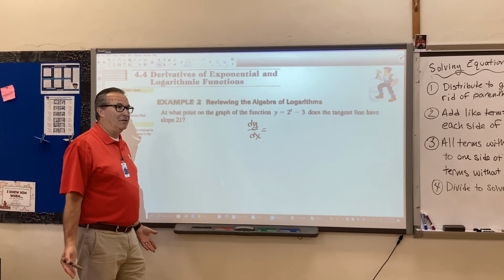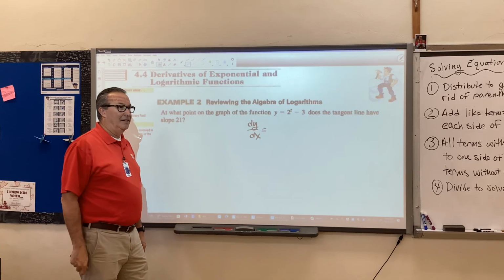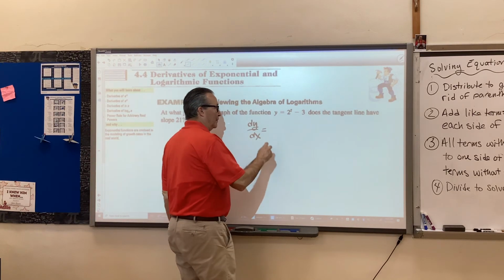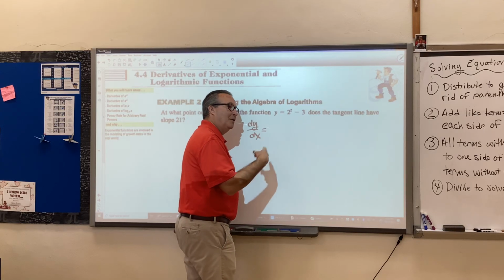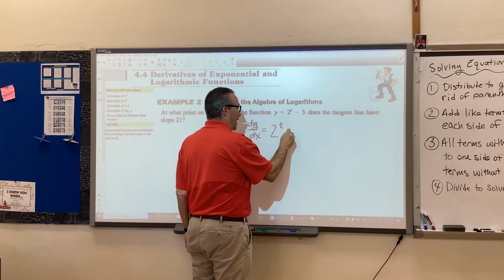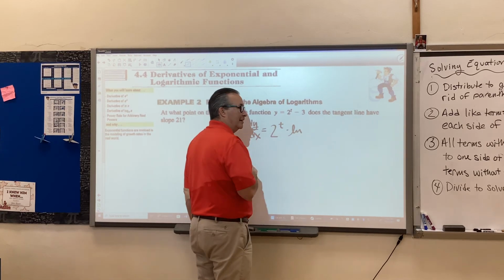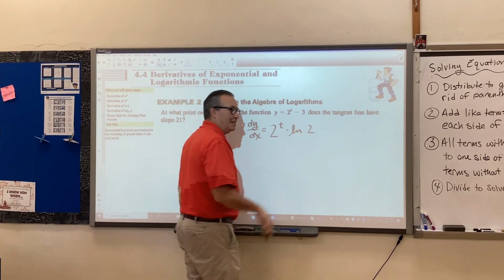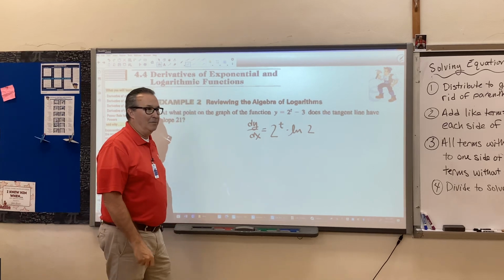It's an exponential, so the derivative is itself. No, it's 2 to the t times the natural log of 2. That's the derivative. That's not that much to know.